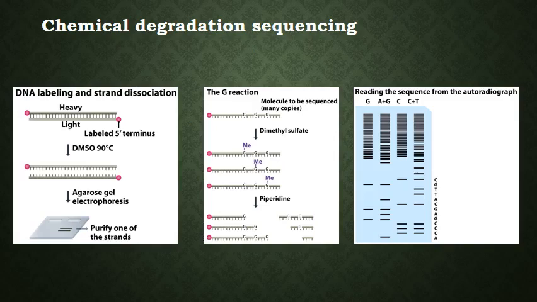The first sample is treated with dimethyl sulfate, which attaches a methyl group to the purine ring of the G nucleotide. Only a limited amount of dimethyl sulfate is added, the objective being to modify on average just 1 G residue per polynucleotide.